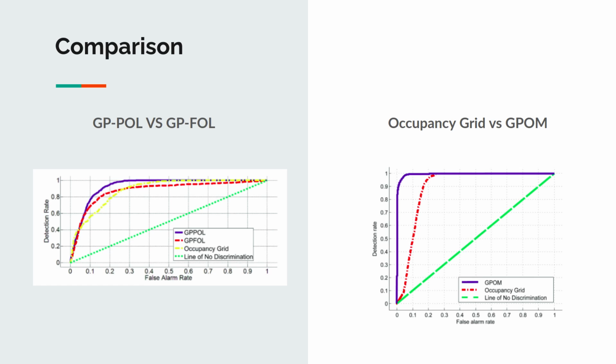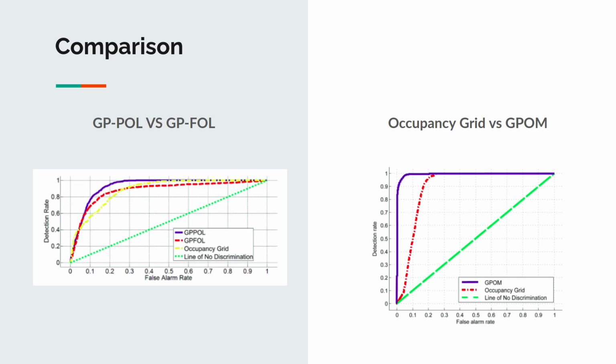This is the ROC plot with true positive rate on the y-axis and false positive rate on the x-axis. An ideal classifier should be located at (0, 1), which is the top left corner of the ROC graph. On the right we can see the occupancy grid versus Gaussian process occupancy map.